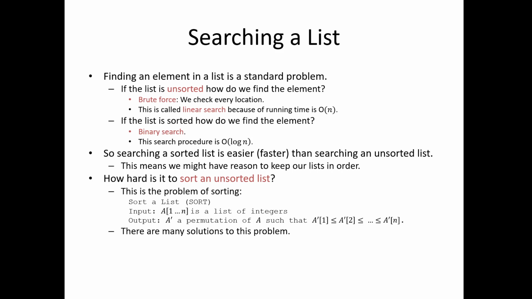Of course, that's why we're going to want to keep our list sorted. Here I have stated the problem of sorting a list as an information processing problem. In computer science, we tend to focus on the input and output relationship when stating a problem, and then we rely on an algorithm to map the input to the output. So again, an information processing problem is a relationship between the input and the output, and then an algorithm is used to fill in the in-between there, that is, transform the input into the output.